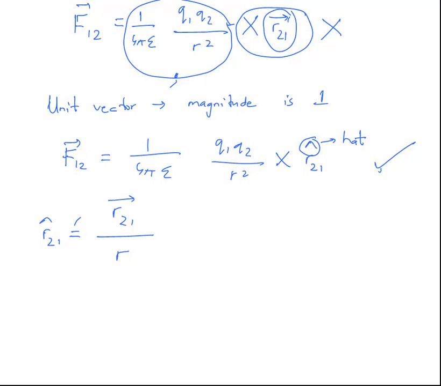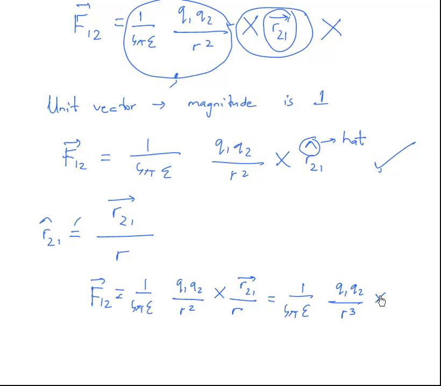And therefore, the final formula for F12 is 1 by 4 pi epsilon Q1 Q2 by R square into R21 bar upon R, which obviously becomes 1 by 4 pi epsilon naught Q1 Q2 by R cube into R21 bar.